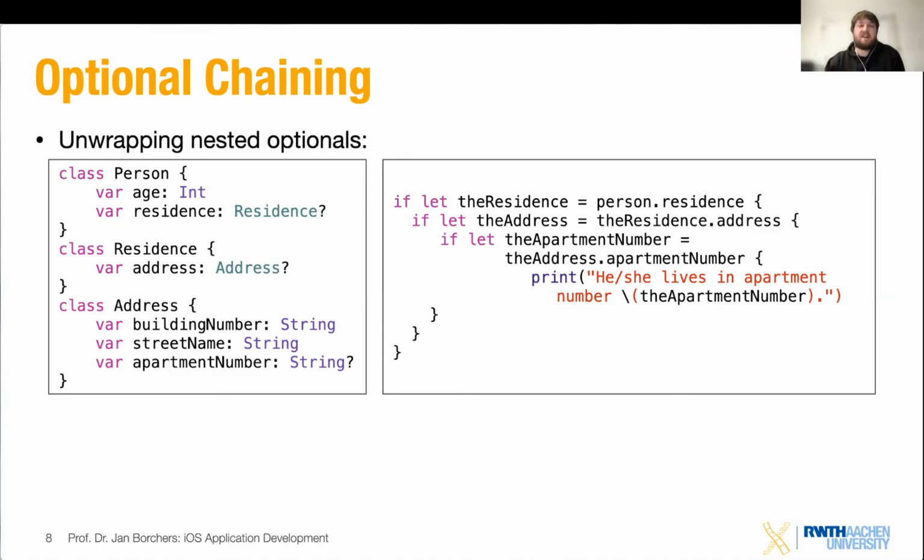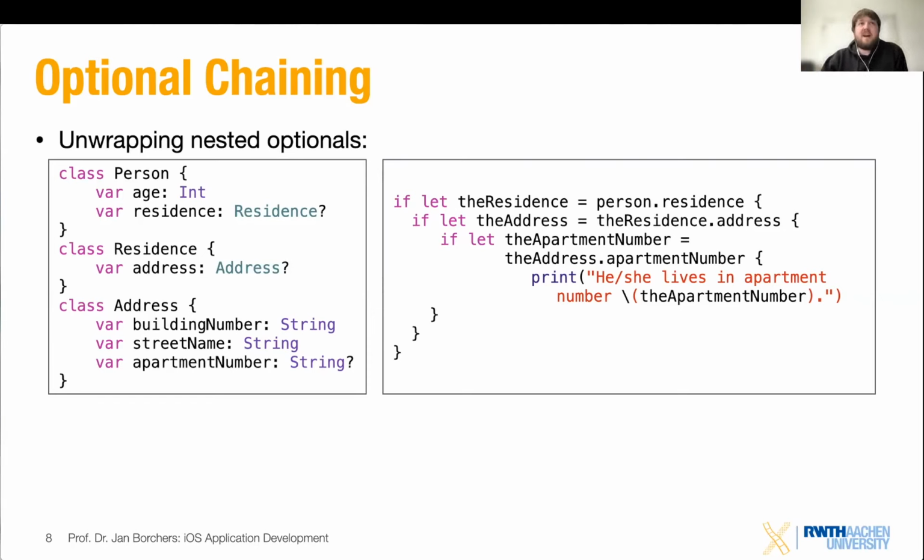So here in the first line, if let residence equals person.residence, we'll try to assign the residence to the residence constant that we are assigning here. So we only get into the second line if the person has a residence object where there is something in there, so the residence was not set to nil.